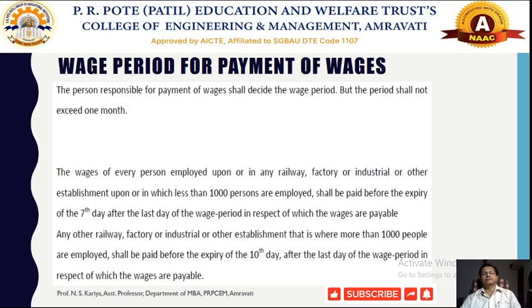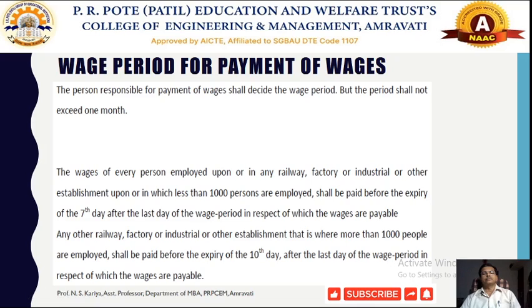These conditions apply particularly to industries where fewer than 1000 workers are employed, in railway, factory or other industrial establishment. Apart from that, in other industrial units, say for example railway, factory and industrial and other establishments where more than 1000 people are employed, on every 10th day after the last day of the wage period, the wages of workers need to be paid.